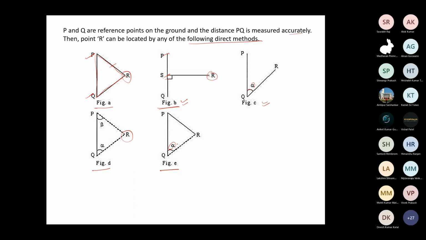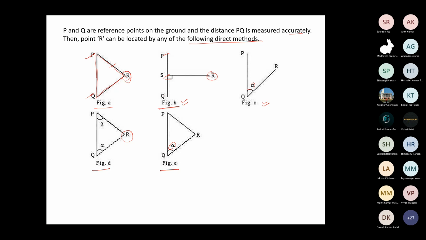So what did you get from these five figures? You need two measurements at least. So if I want to locate any new station, I have different ways to do it. If somebody has only a length measuring device, still he is able to do it.